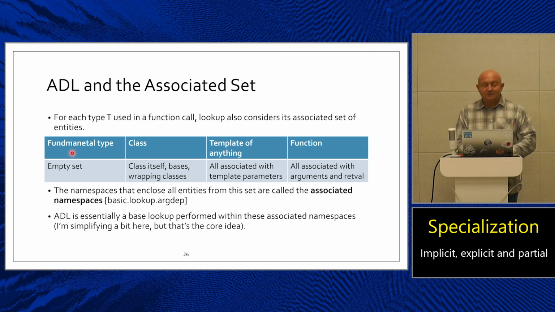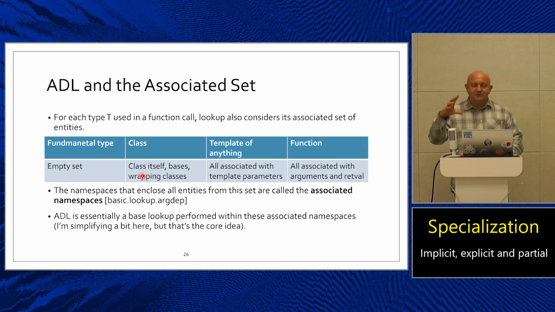For a class type, the set includes the class itself, all its base classes, and any enclosing classes. And for templates, it includes everything associated with its template parameters. And the namespaces that contain all these entities are called the associated namespaces.